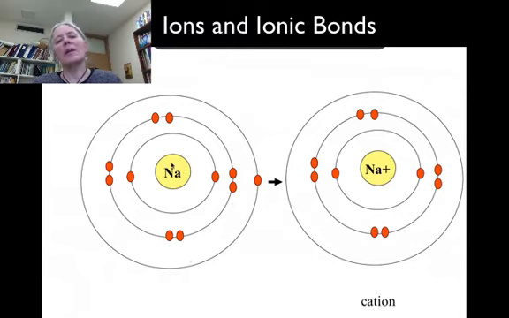So if we put our 11 protons in here and we put our neutrons in here, we're not so worried about these right now. We want to put our 11 electrons in these shells. If you remember, 2 electrons go in the first shell. 8 electrons can go in this shell, so that's a total of 10. And there's one lonely electron out here.